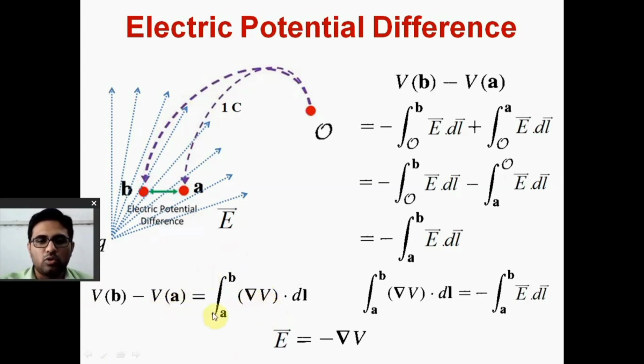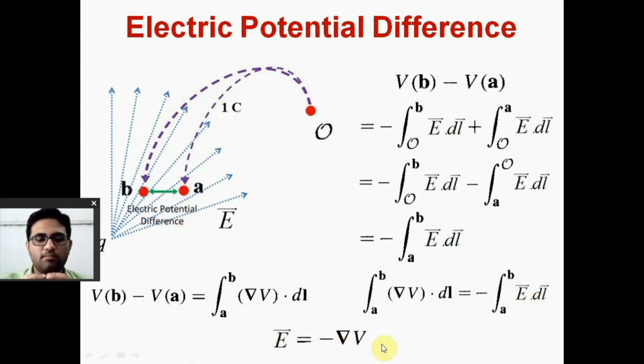So we can write A to B of gradient V dot dl equal to minus A to B of E dot dl. As dl is a finite length, we can write that the electric field E is actually minus the gradient of V, right?